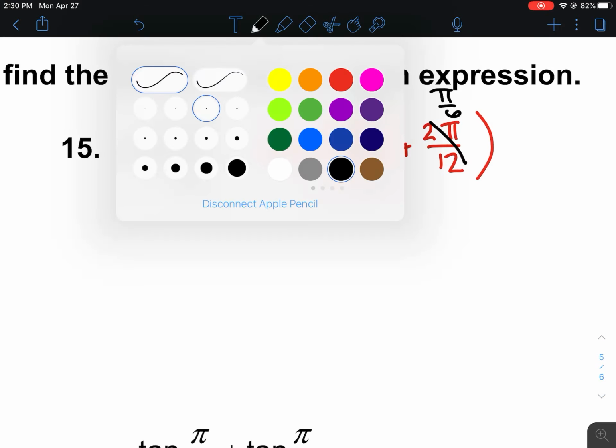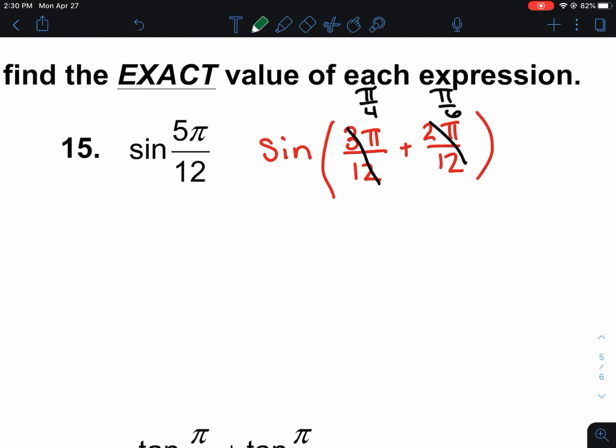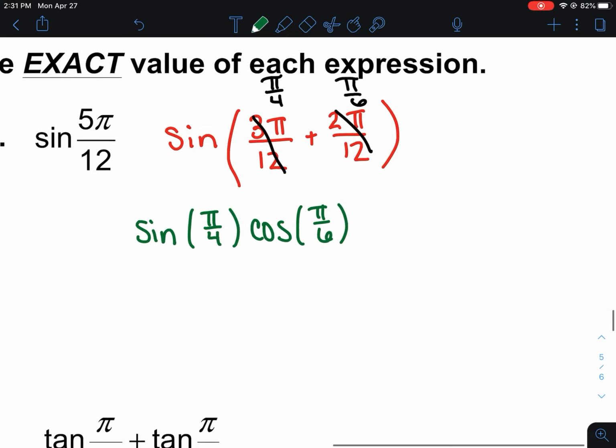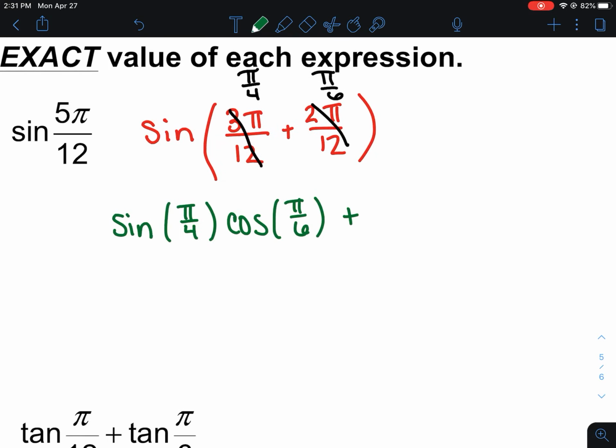So those are values that are on the unit circle, and then I can use my sum and difference formula for sine to go from there. So for sine, we take sine of the first one, cosine of the second one, keep the sign the same, then we're going to do cosine of the first, sine of the second.